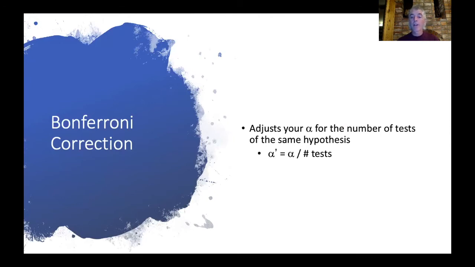In a Bonferroni correction, instead of testing at an alpha of 0.05, we take that alpha and divide it by the number of statistical tests that we're performing to come up with an adjusted alpha level that we use for testing our significance. Now, this Bonferroni correction is known to be a little bit too conservative, which means that it penalizes or reduces that alpha too much, more than it should.